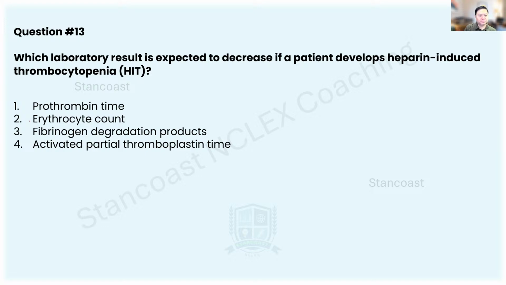So, which lab result is expected to decrease if a patient develops heparin-induced thrombocytopenia? We're not talking about the regular scenario where we are just giving heparin infusion and checking the activated partial thromboplastin time. No, that's out of the picture right now. We're actually talking about HIT. So, what would be the answer here, guys?